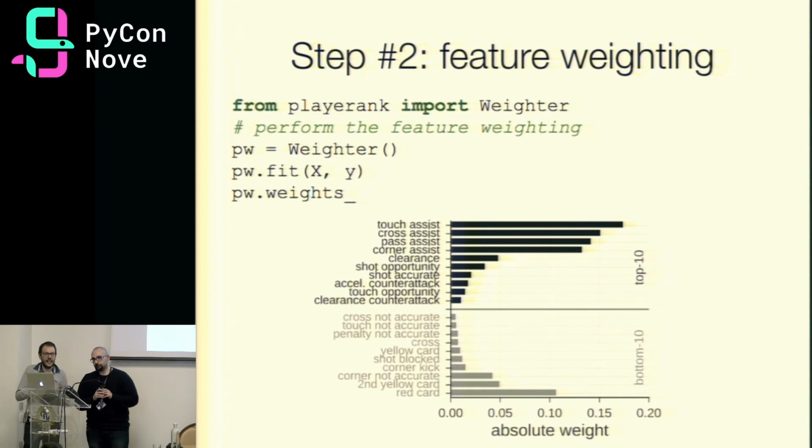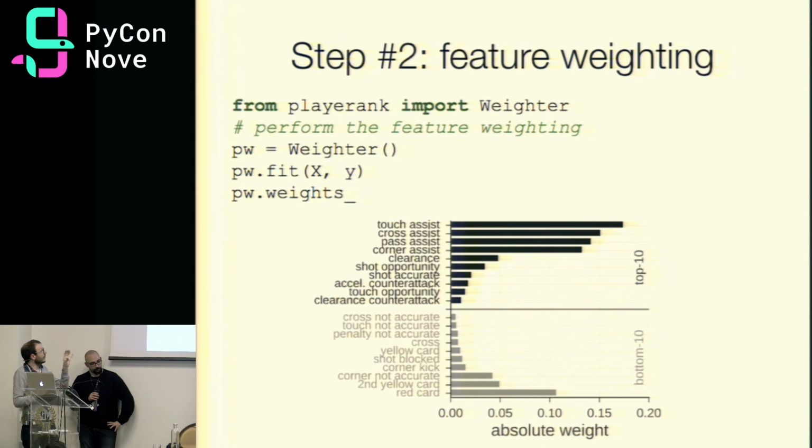Now that we have training data, a matrix X with each row containing the performance of the team and a vector Y containing the corresponding label of each performance, we can encapsulate a machine learning process in a custom class. In this case, we use the name Waiter, a custom package that will be available on GitHub.